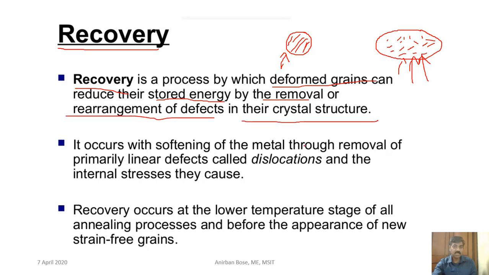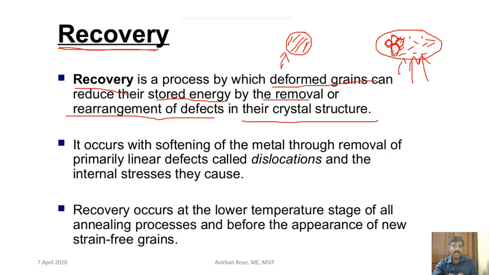In recovery, because of heating, some of the point defects get out of the crystal, some of the dislocations get out of the crystal, but many dislocations are still present, and those are rearranged into a structure where the dislocations accumulate around small structures. So this kind of thing occurs in recovery.